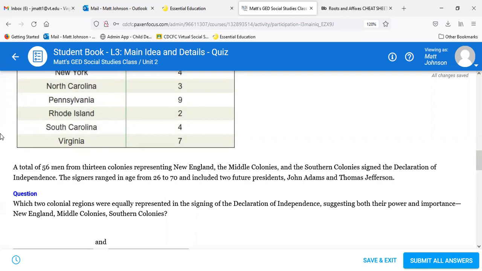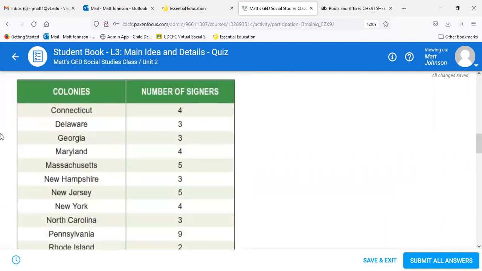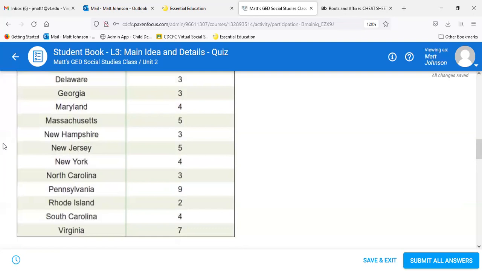So, which 2 colonial regions were equally represented in the signing of the Declaration of Independence, suggesting both their power and importance? Right. So is it New England, the middle colonies, or the southern colonies? So there's 2 here. The way this is set up is kind of weird, right? So you need to know what would be a middle colony, what would be a southern colony, and what would be a northern colony.